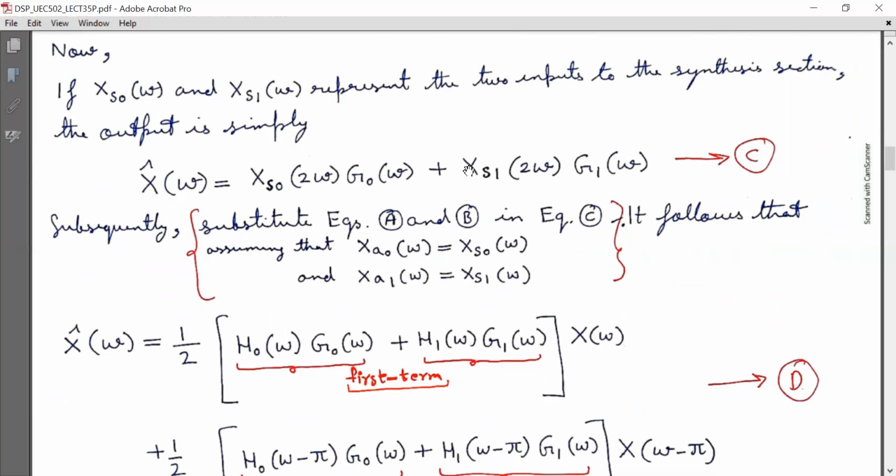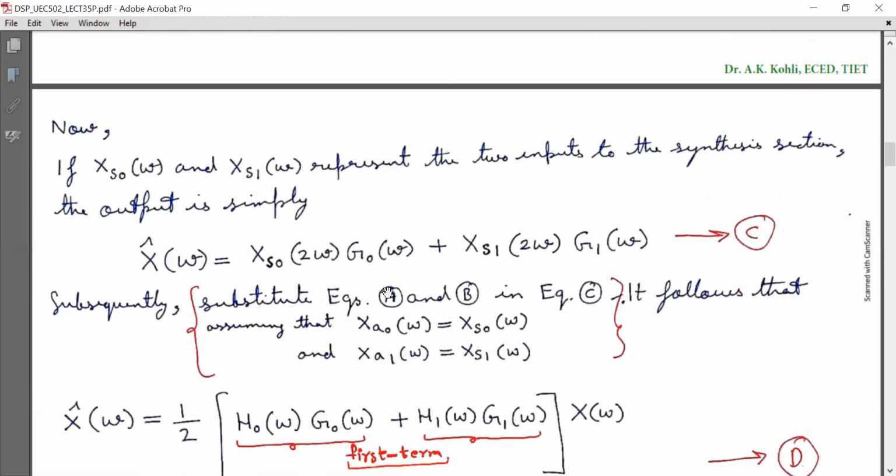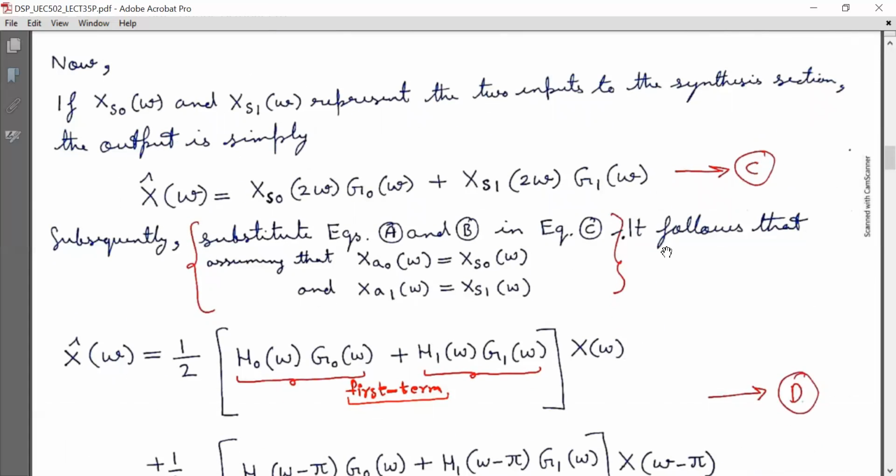Subsequently, substitute equations A and B in C. So we will have to look at what is equation A. This is what we have done. So substitute equations A and B in equation C, assuming that XA0(omega) is equal to XS0(omega) and XA1(omega) is equal to XS1(omega).